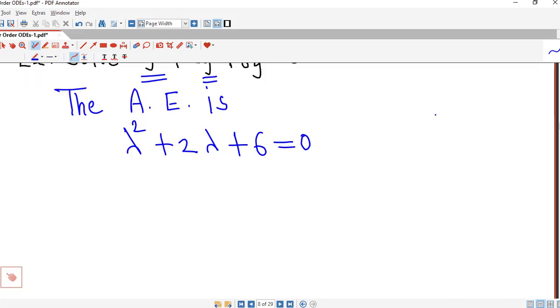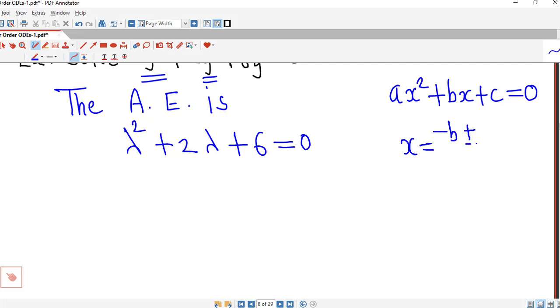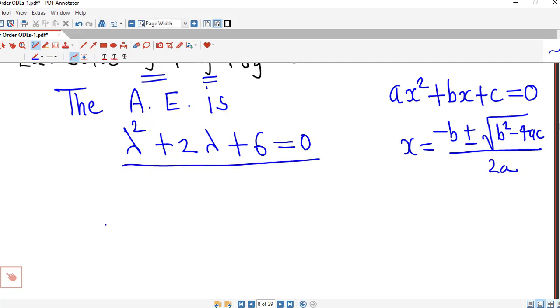Now if we recall that the solution of the quadratic equation ax square plus bx plus c equal to 0 is given by x equal to minus b plus or minus square root of b square minus 4ac over 2a, we use this formula to find the roots of this equation.